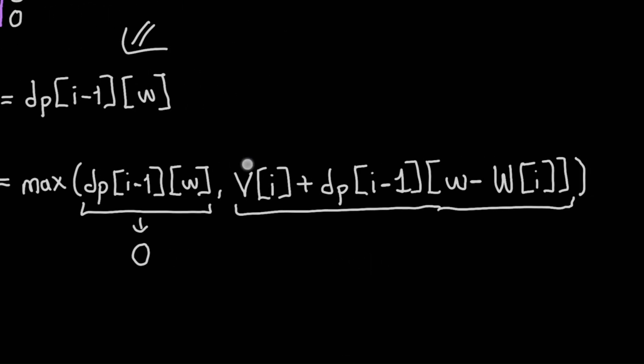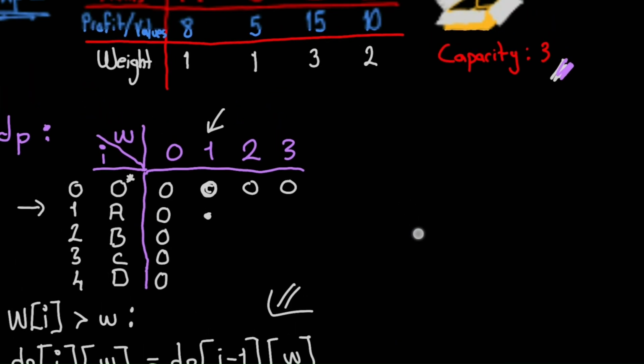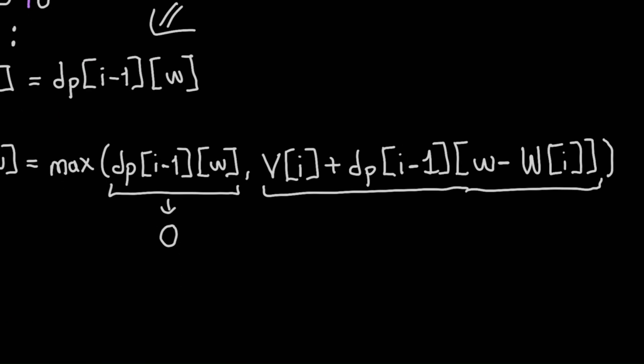And the value of A is 8. 8 plus dp. Since the current index is 1, 1 minus 1 is 0. And the current capacity is 1. 1 minus 1, which is the weight of A, is 0.